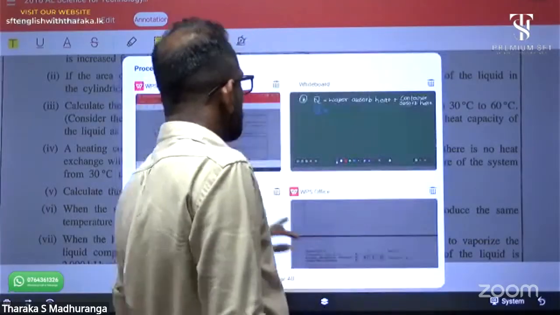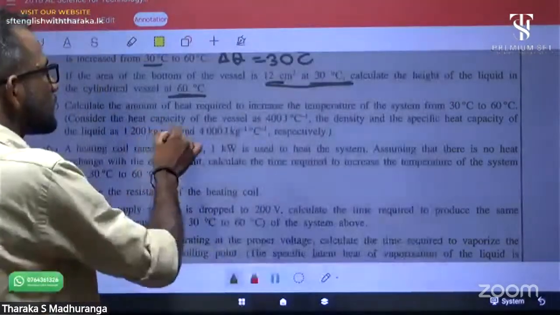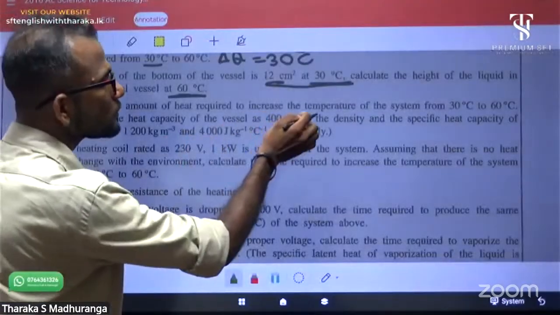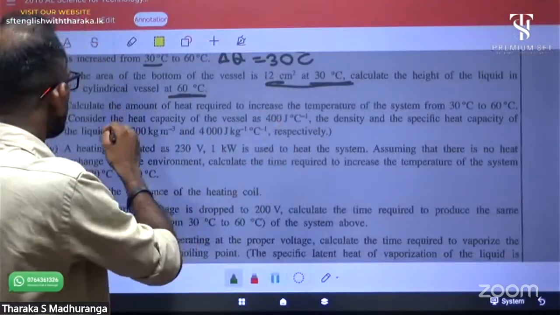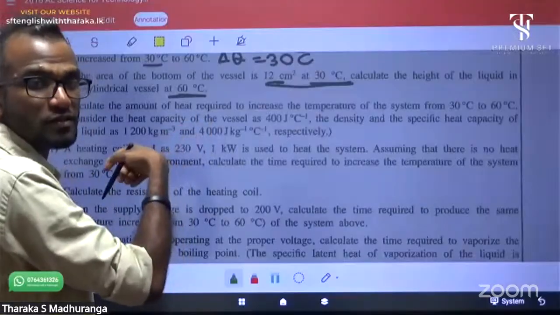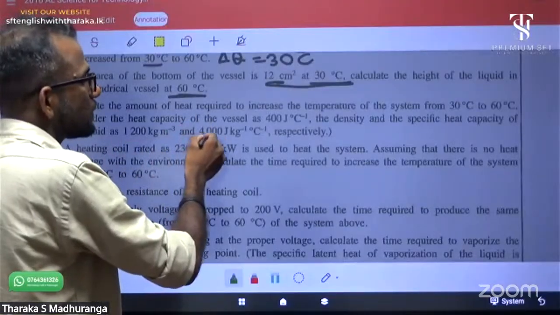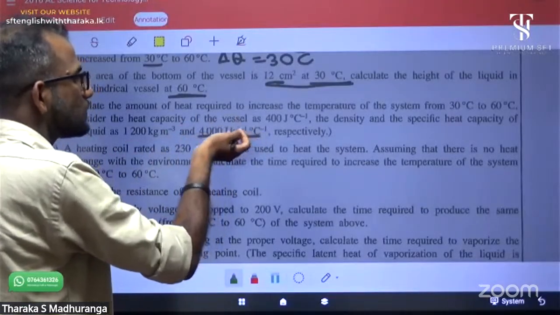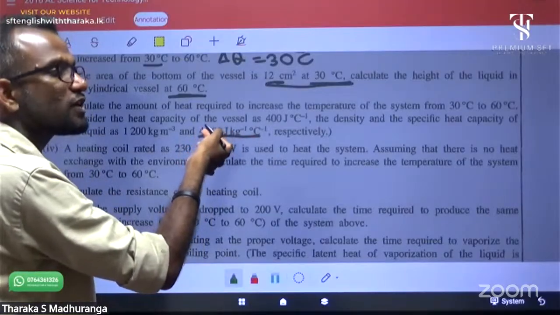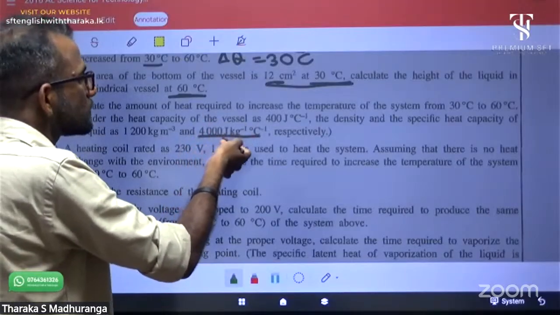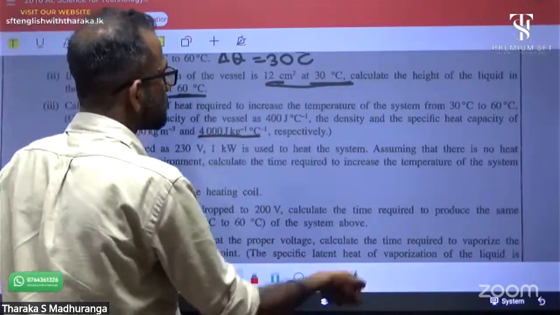Then you can use the specific heat capacity of the liquid, which is given. It is not water, sorry, it is liquid. We don't know what it is, it is not actually water. Water specific heat capacity is 4200. This liquid is 4000, no problem.